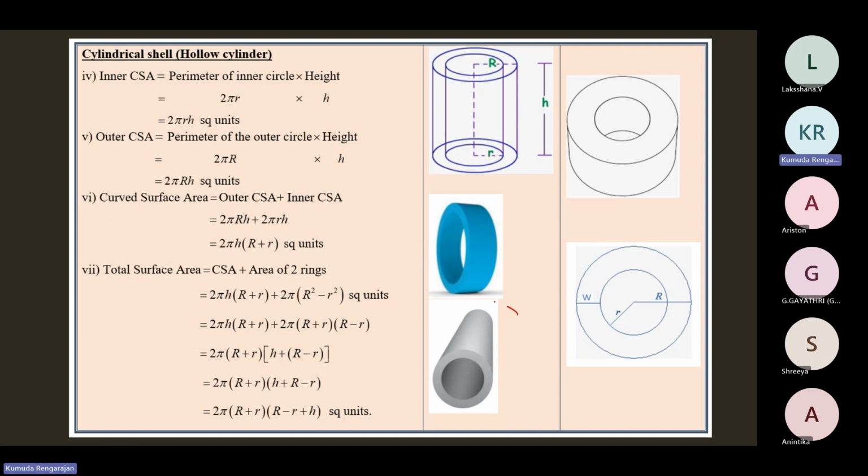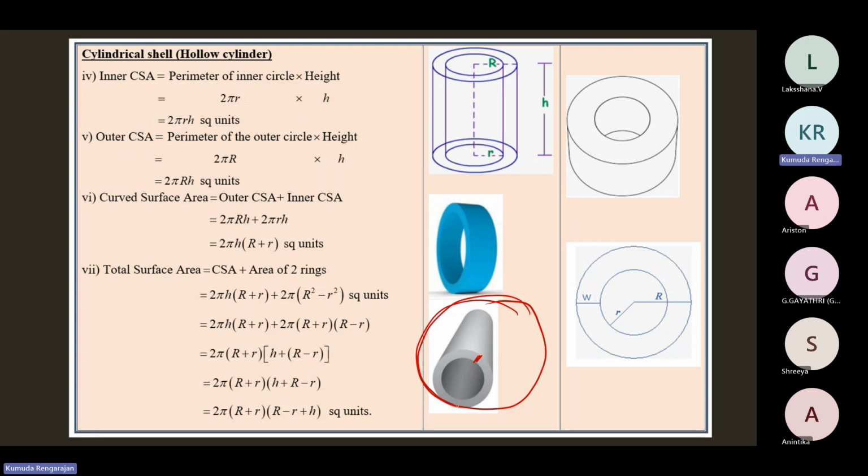We are talking about a pipe like this. You can see it's cylindrical. And you can see that the wall of the pipe is thick. Both the ends are open.